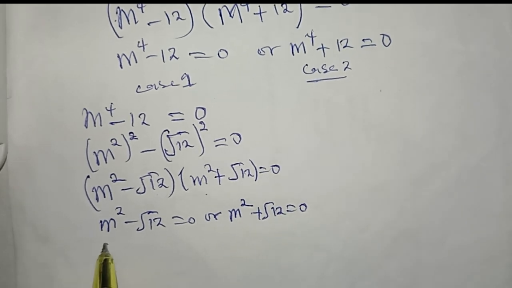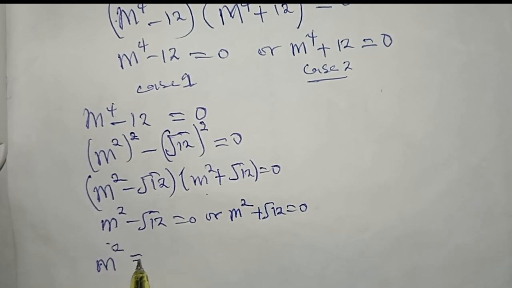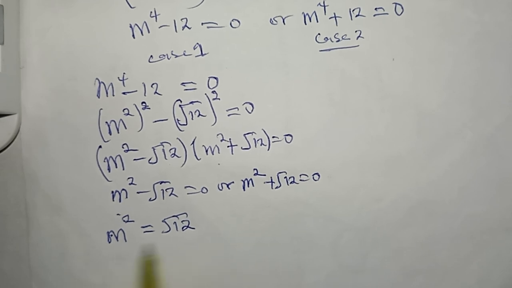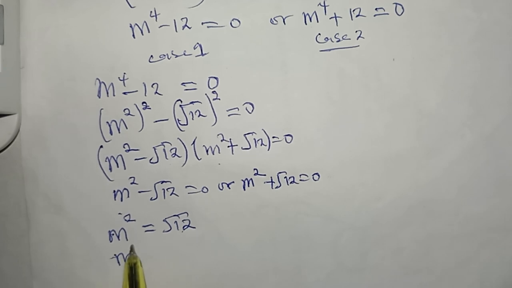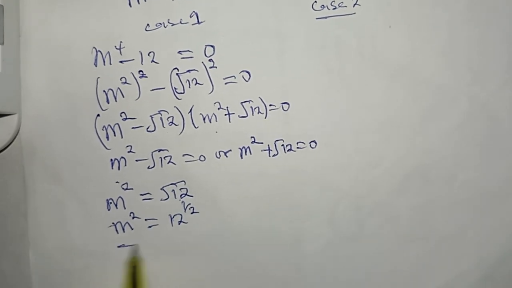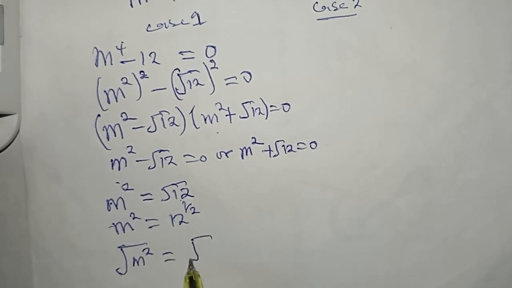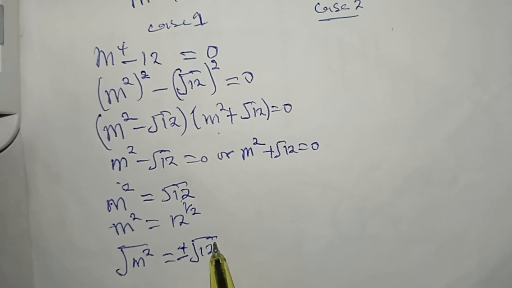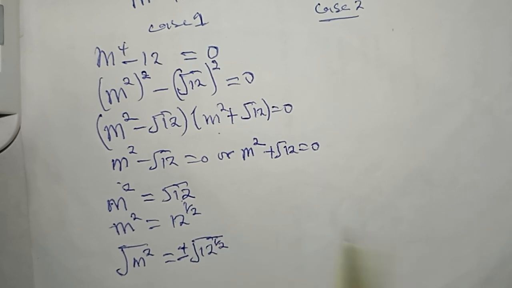Okay, so solving for this, obviously m power 2 is equal to square root of 12, and then of course I can rewrite this square root of 12 as 12 power 1 over 2. Okay, so that I can take the square root of both sides. Square root of m power 2 is equal to, of course, plus or minus square root of 12 power 1 over 2.